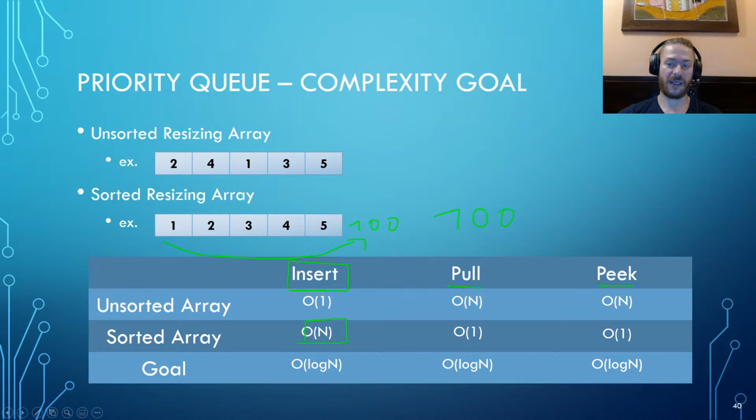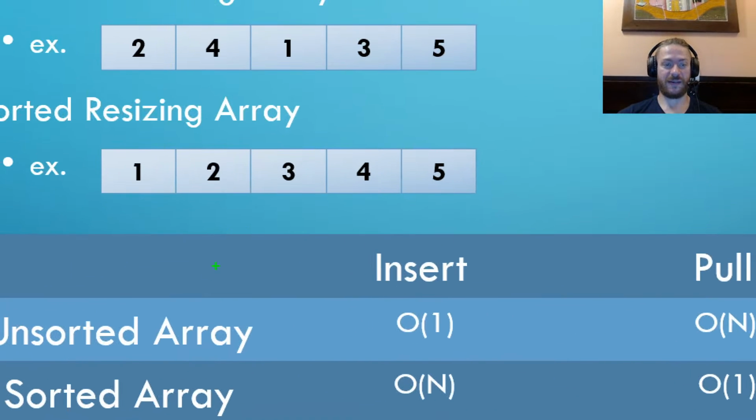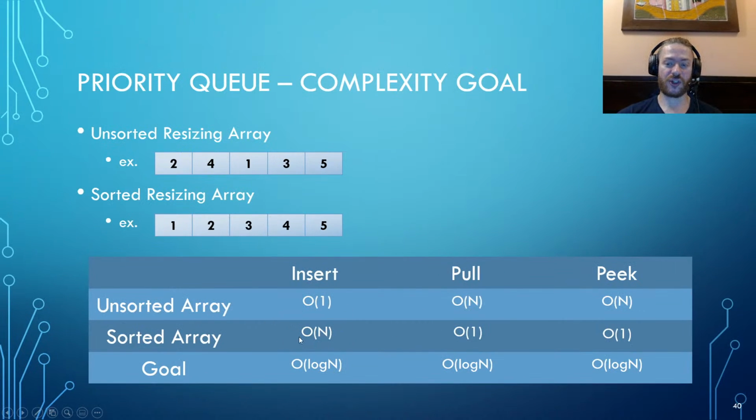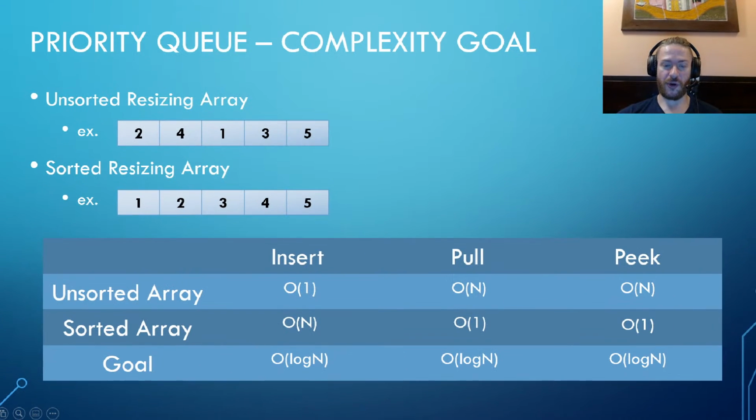Yeah, pulling and picking is fast, because when we know that the array is sorted, the maximum value is always last, the minimum is always first. But the insert operation is not that fast. So what we want to achieve with the priority queue is logarithm of n, which is faster than traversing everything.